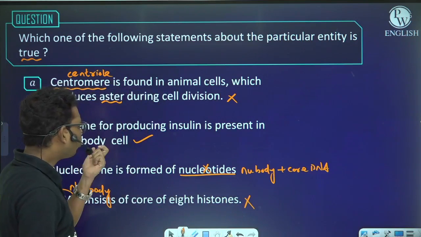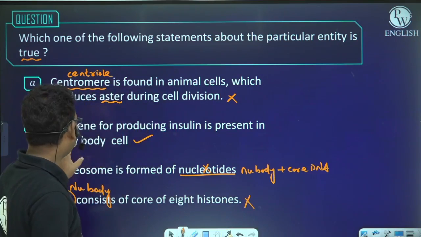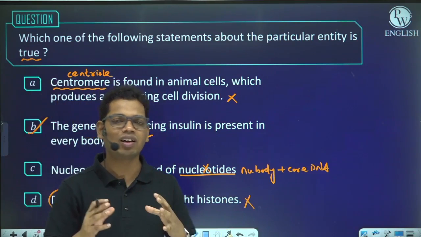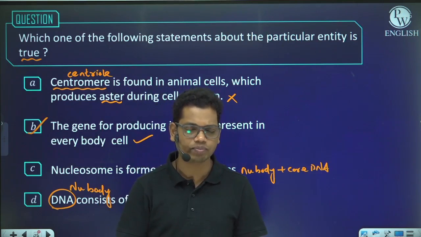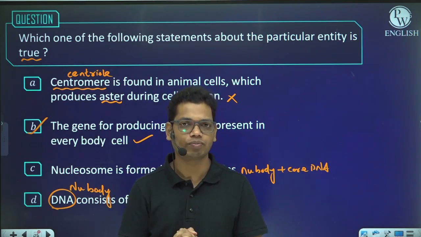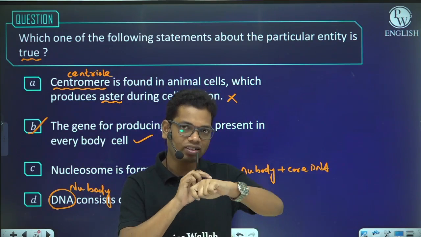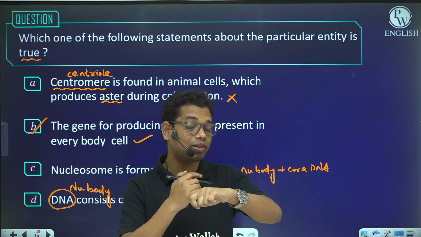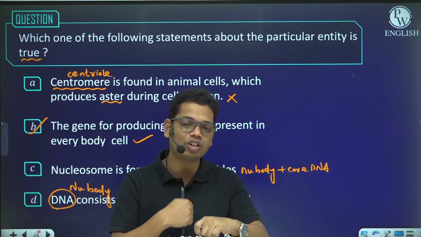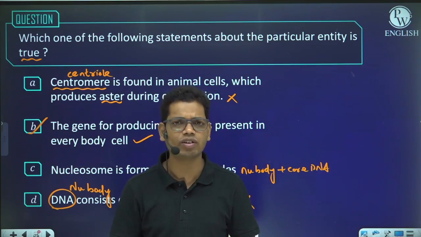You may ask one thing, so let me explain this part. This is very important. Every cell of an organism has the same genes. That means the genes present in the cells of my skin are exactly identical to the genes present in my liver cells.